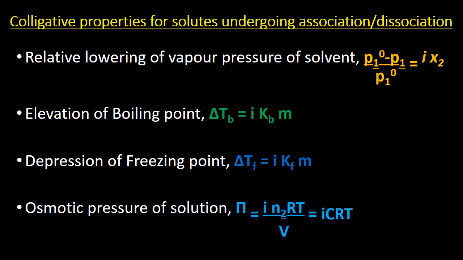For the third colligative property, that is depression of freezing point, delta Tf becomes equal to i into Kf into small m. For the fourth colligative property, that is osmotic pressure of the solution, pi is equal to i into n2 into R into T divided by capital V, which is equal to iCRT.